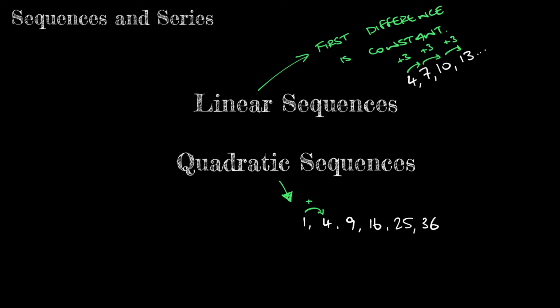Plus 3, plus 5, plus 7, plus 9, and plus 11. So you can see here, if we have a linear sequence, the first difference is always constant. That's important.